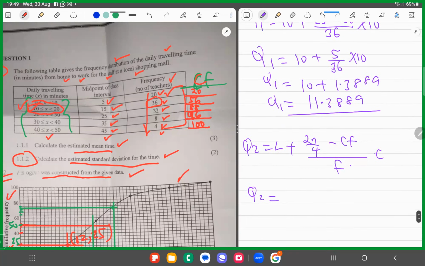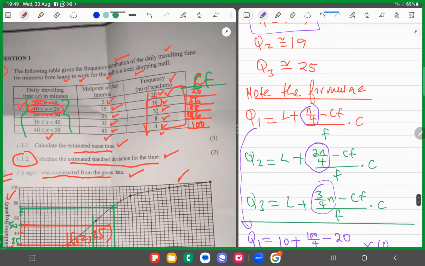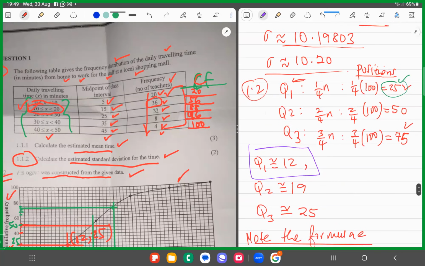Now, we did Q2. Let's look at the position. We said it is at approximately 50, this Q2. At approximately 50, which class are we talking about for Q2?